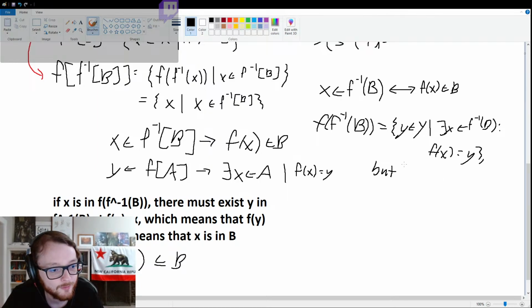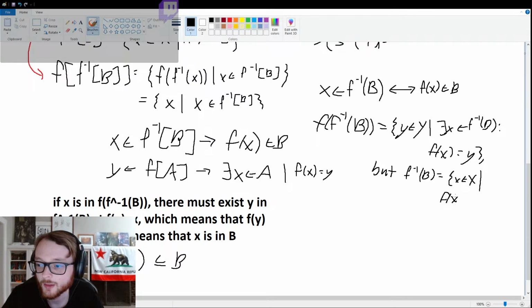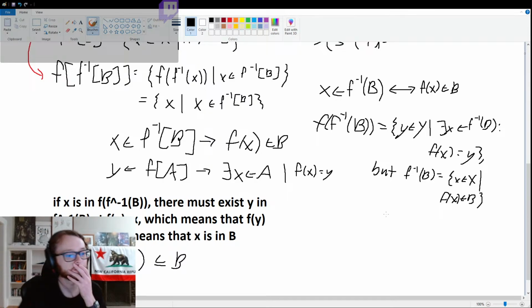I'm just being a human LaTeX editor, or renderer, right now. I don't even quite understand what I'm writing. In x such that f of x is in B. All right, that's what SPQ said.